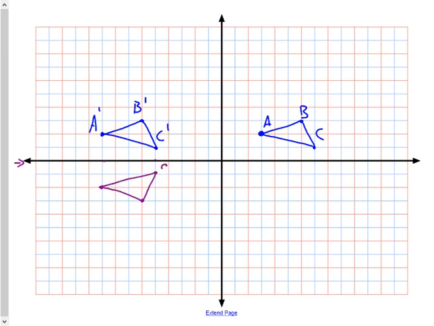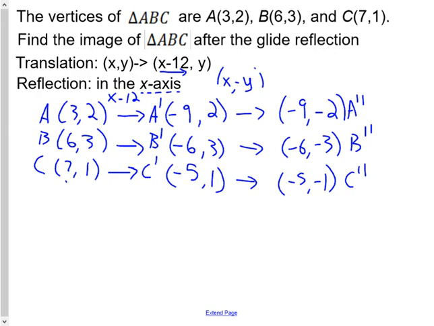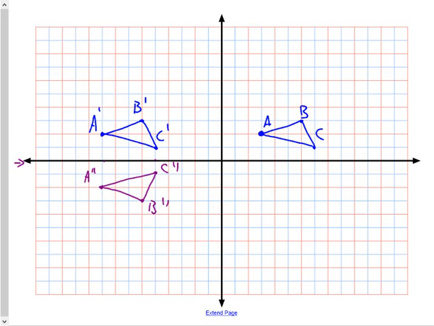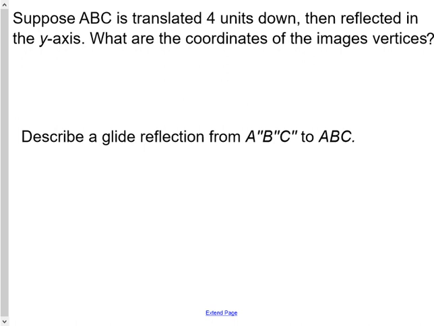And so our final answers here are C double prime, B double prime, A double prime, which should be (negative 9, negative 2), (negative 5, negative 1), and (negative 6, negative 3). Just double checking. Yep, so we match. If you need to graph that, feel free to pause and copy it down.